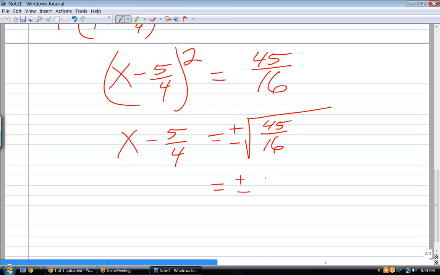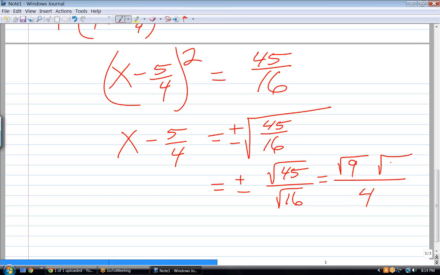First step in simplifying it, square root of 45 over square root of 16. You see how that's different? I've just broken it up. Square root of 45 is what? It's a decimal, but we're not going to convert it to a decimal. We're going to leave it in radical form. Excuse me, I didn't do that multiplication right. It's 9 times 5.